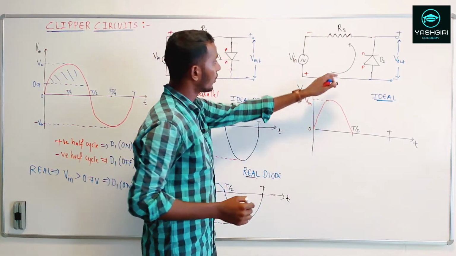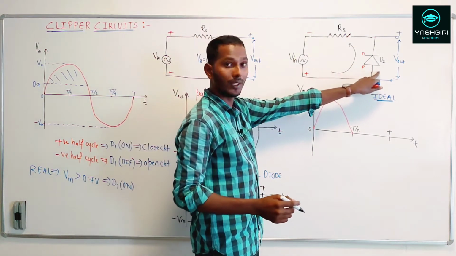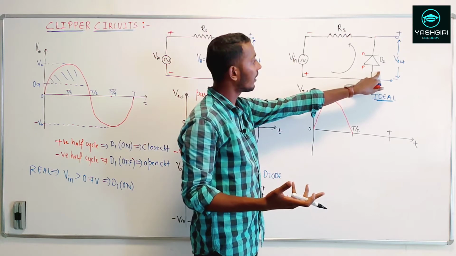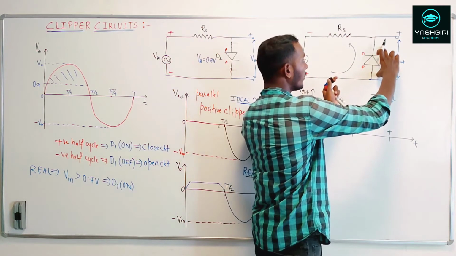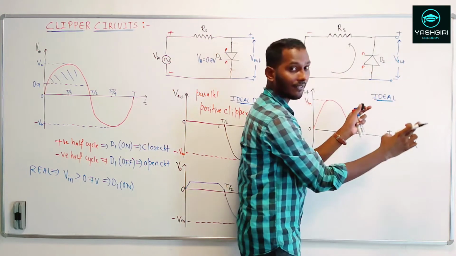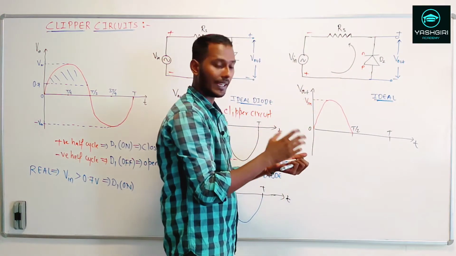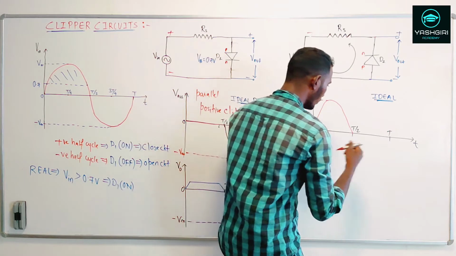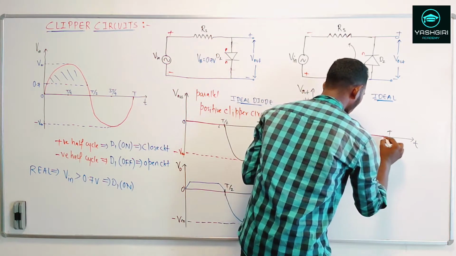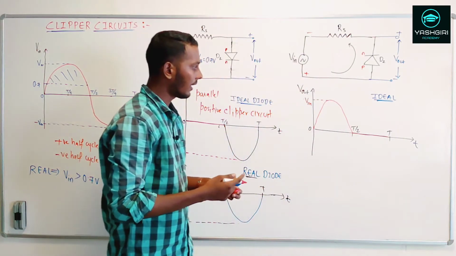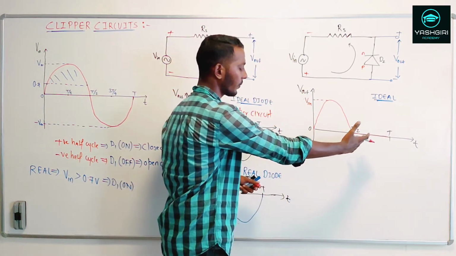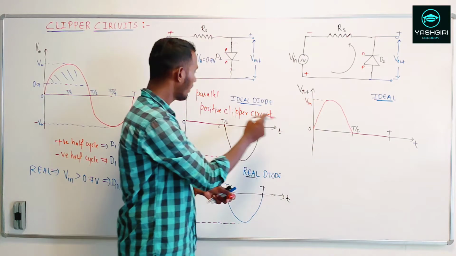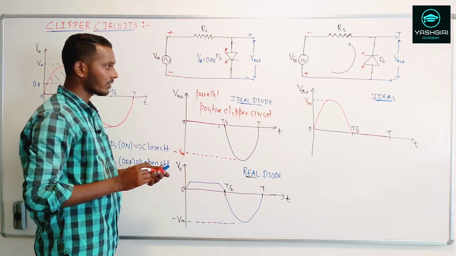So when the current flows, the diode D2 will act like a short circuit or else a closed switch. In that case, if you measure the V out across this diode, the diode D2 will have 0 volts for the ideal case. So the diode D2 will have 0 voltage like this, and the cycle will go on repeating. Now again, if you see here, we have clipped the negative half cycle of the AC input signal.